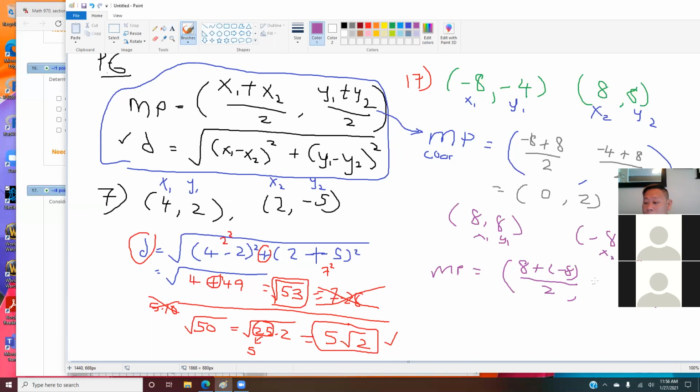And then you take the y, which is 8 also, plus -4, because your y2 is -4, divided by 2. And don't forget, when you see a plus and minus, it gives you subtraction.